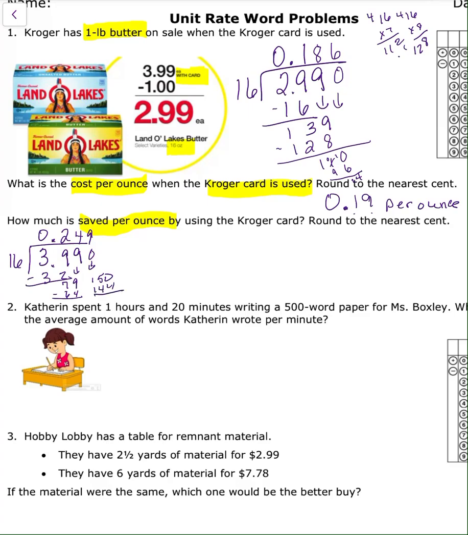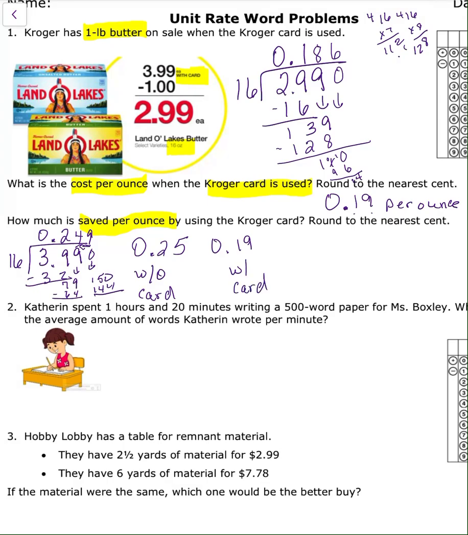And we can stop, because when we round this, we're going to round it to the cents. This 9 is going to make that 4 go to a 5. So without the card, I'm going to do W like that, without card. And then with the card, it was 19 cents with card.